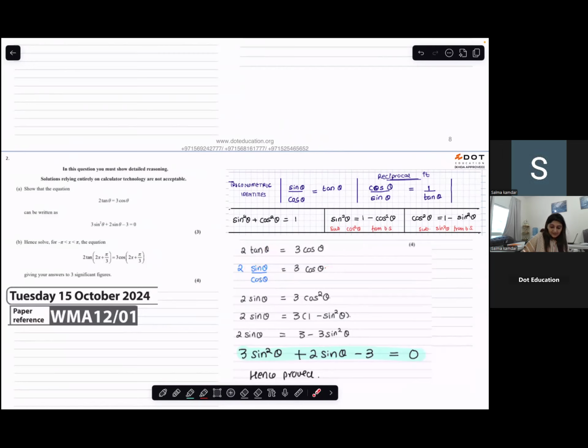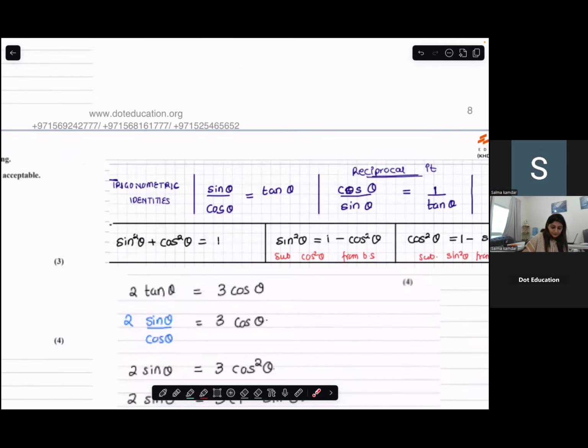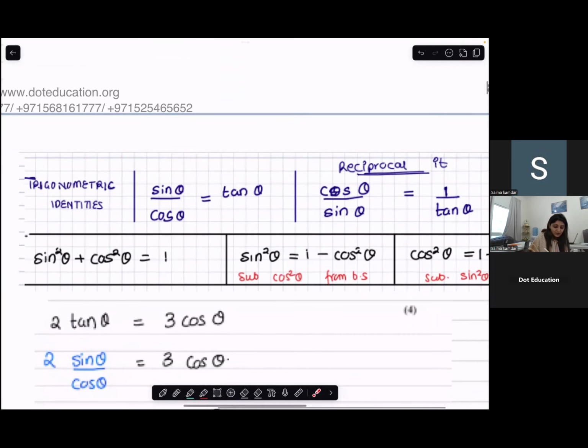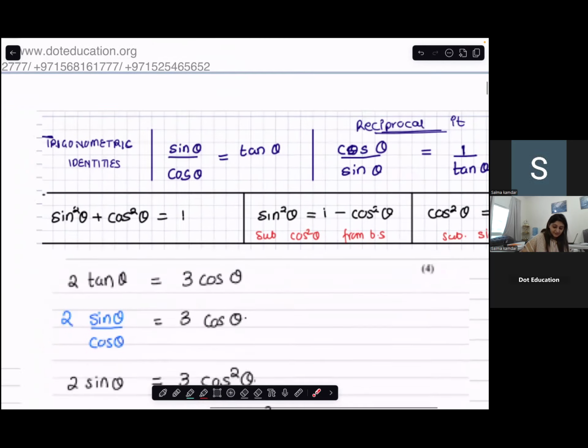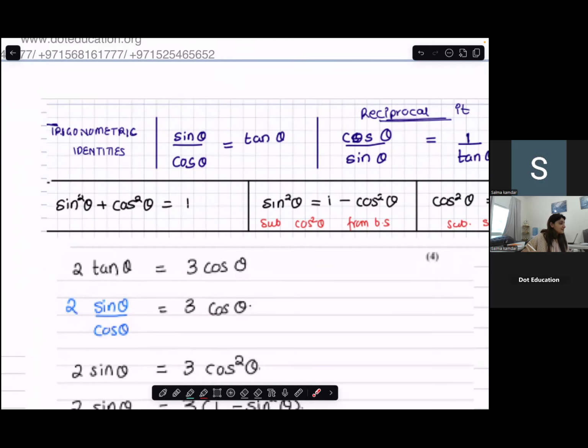Now tell me what I can do. I can move the cos to the other side. If I move this cos to the other side, what will it become? Lovely. So now this becomes 2 sine theta is equal to 3 cos square theta.